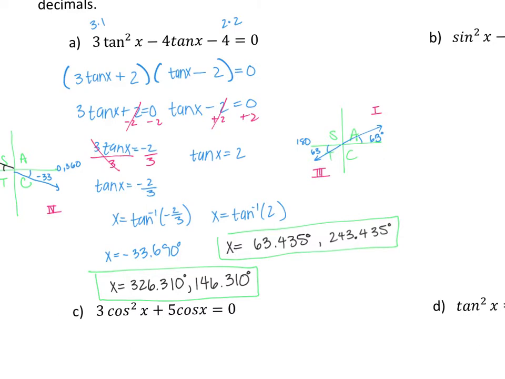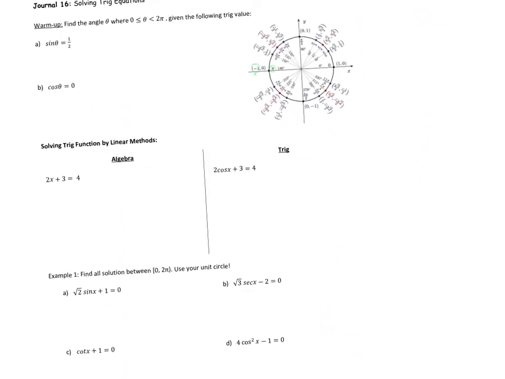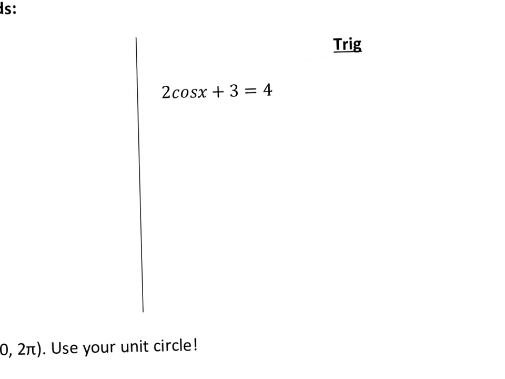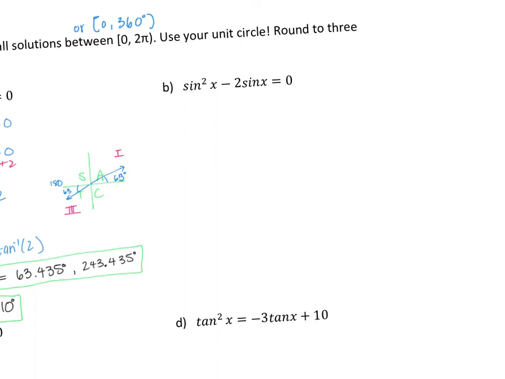So in the past, when you're dealing with linear functions or linear trig functions, so like in the first part of this journal here, you had linear equations, you just had to find 2 angles. Now with quadratic equations or something that is squared, you might have to deal with finding 4 solutions. So let's definitely practice this together.